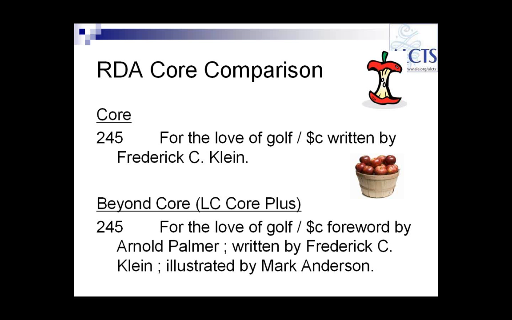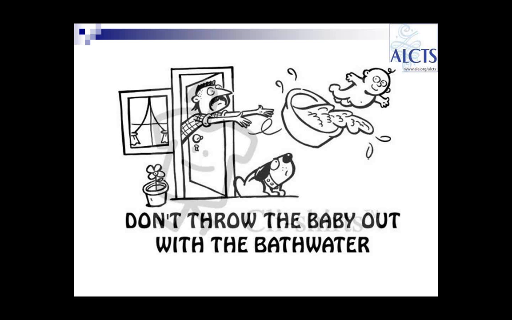So I have the slide here. We are not throwing the baby out with the bathwater. We're still taking many of the good things that we received from AACR2 with us in the description. So AACR2 records will be compatible in catalogs.